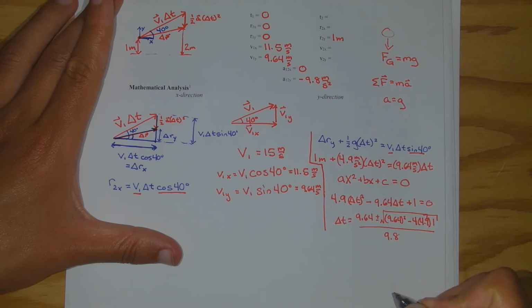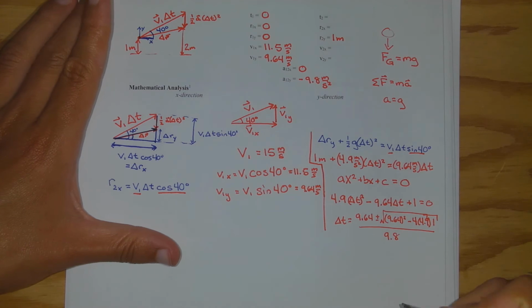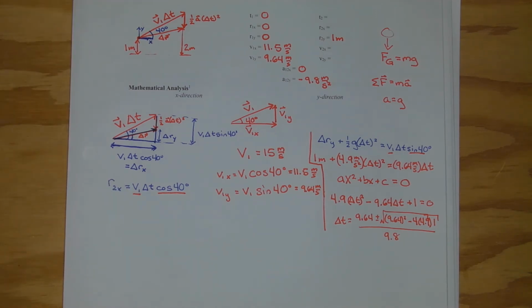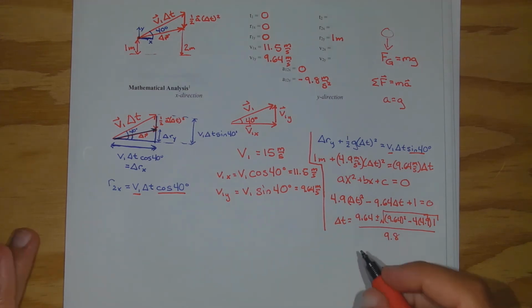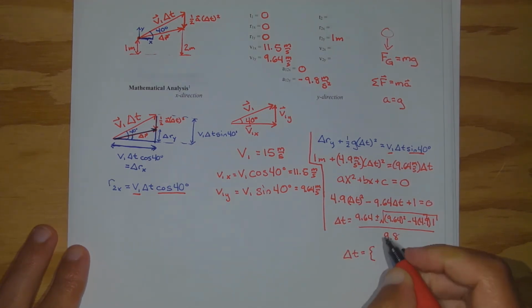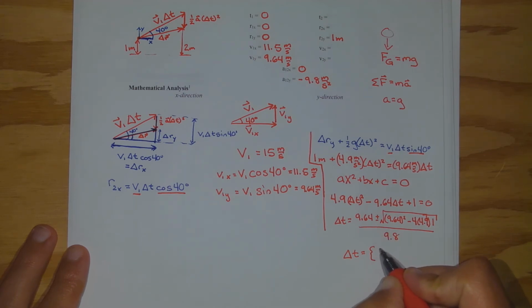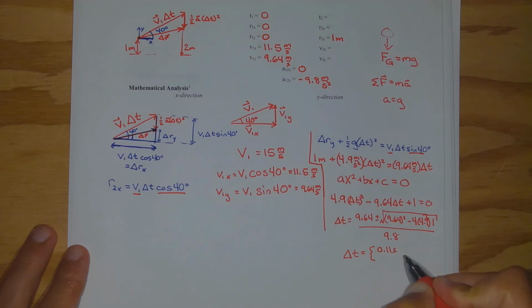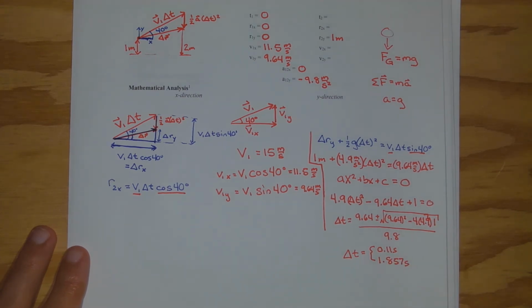That would be 9.8. We get two solutions for this. So one solution is 0.11 seconds, and the other solution is 1.857 seconds. Both of these solutions are positive.